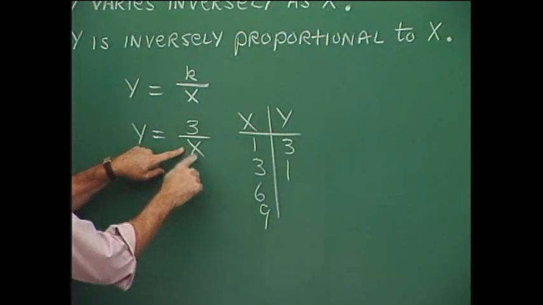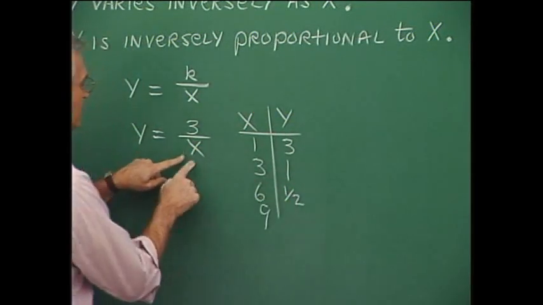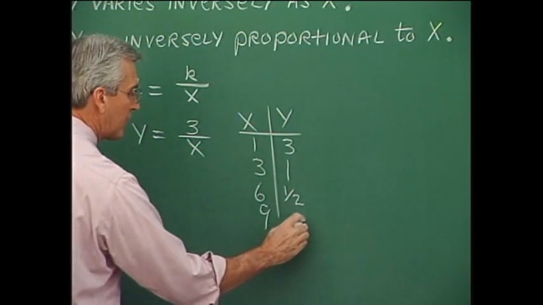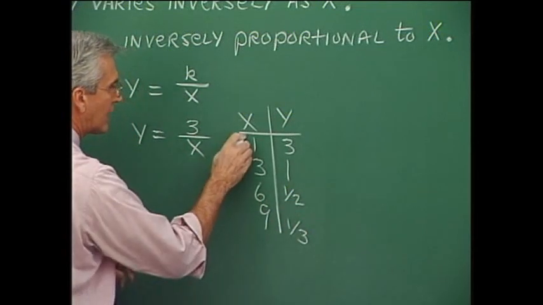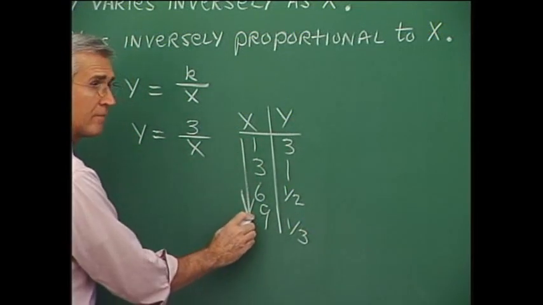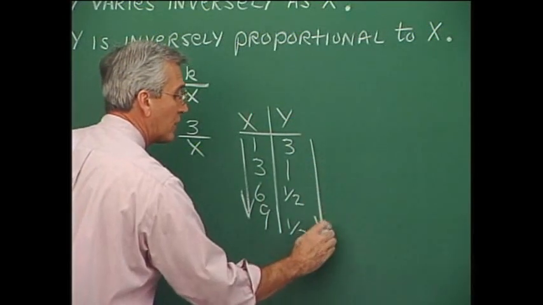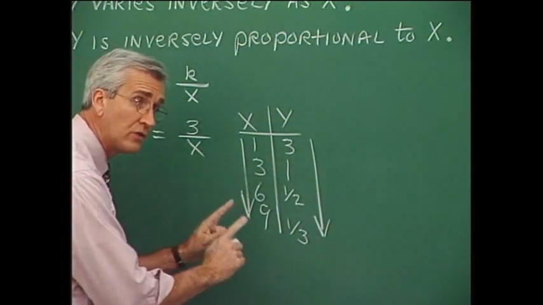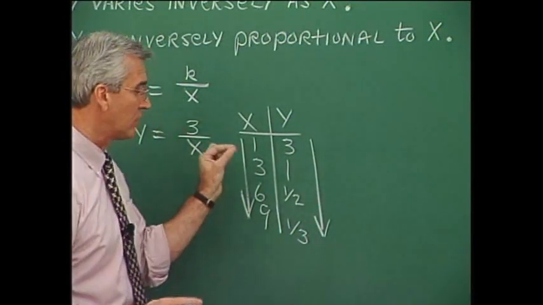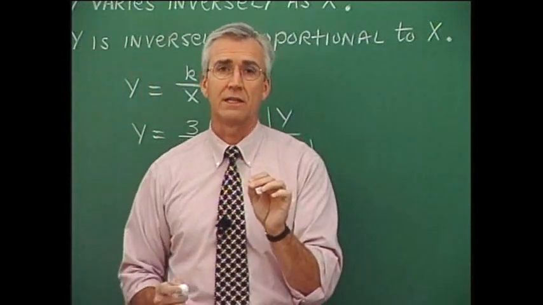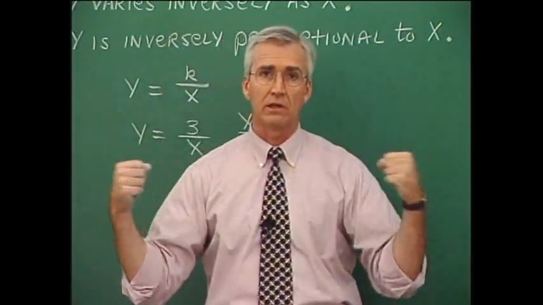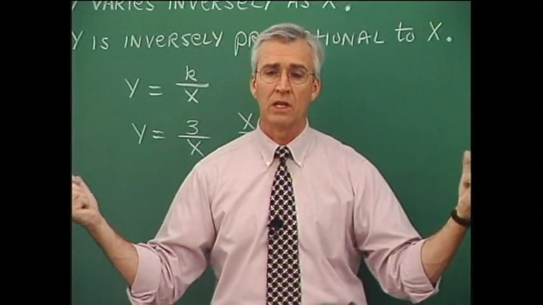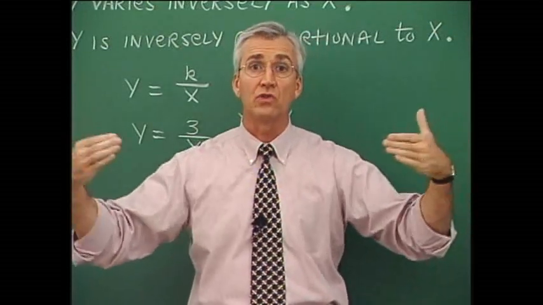If x is 6, we have 3 over 6, 1/2. If x is 9, we have 3 over 9, 1/3. What I want you to notice is that as x is getting larger here, y is approaching 0. And that's the nature of inverse proportionality. As x gets bigger, positively or negatively, y is going to approach 0.